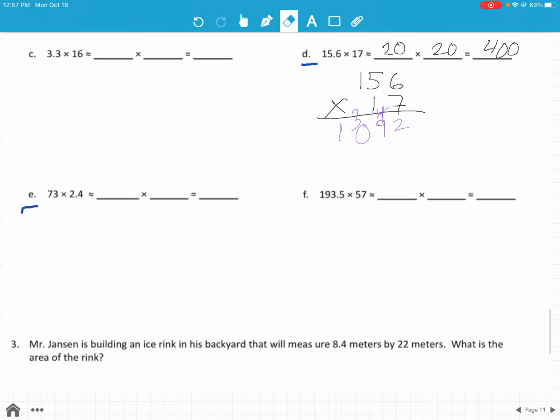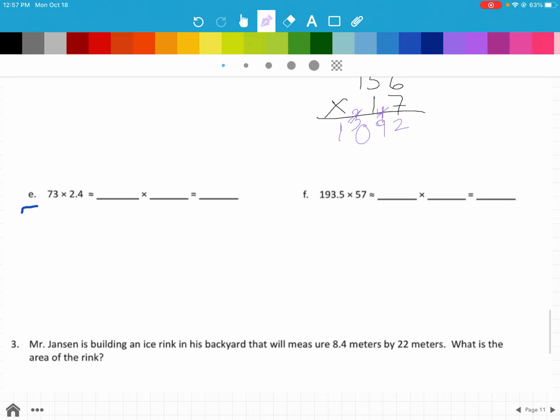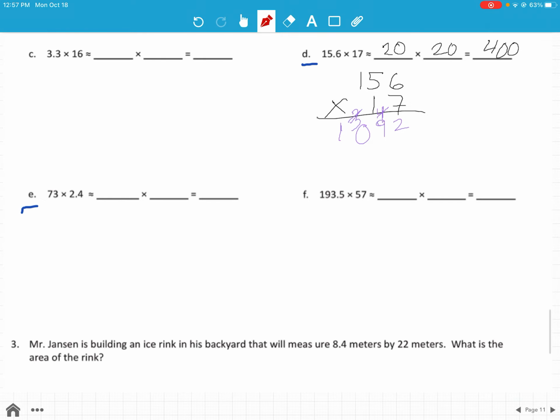Now you don't have to draw these lines here, the circles, excuse me. All right, now we go down to the hundreds, or the tenths, so I know that's going to be there. And since I'm multiplying times 10, it's just 1,560. I add those together.